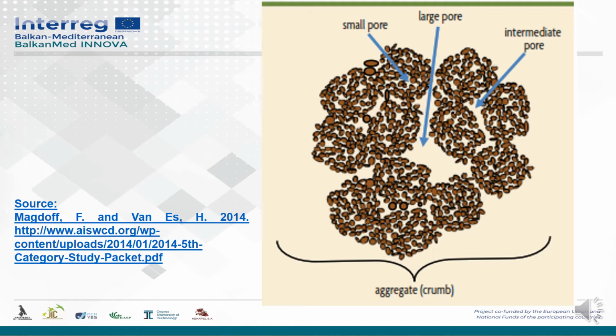In this case, we have, by structure, the creation of small and big, or large, pores. In the large pores, the tendency is that they are most of the time filled with air, and the small pores, when there is humidity, are full of water.